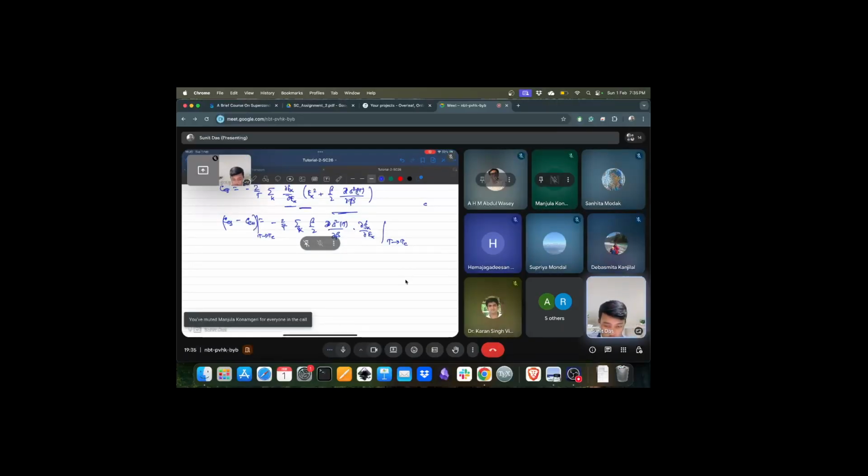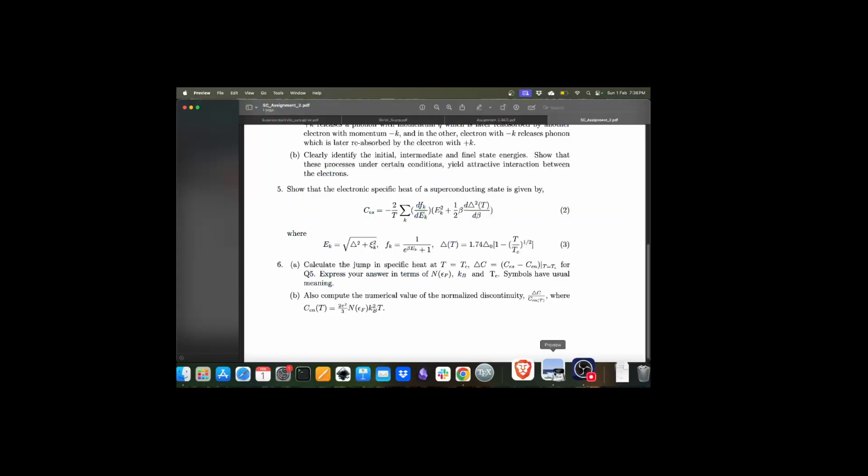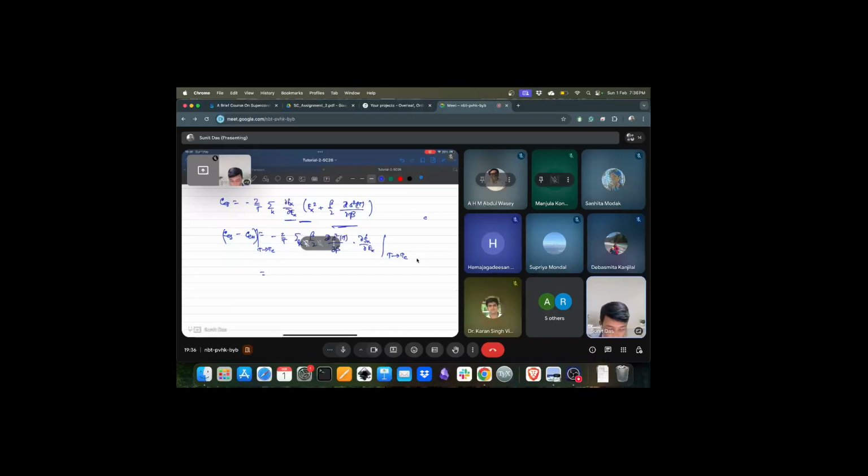So we have, simply beta. So this we can write as minus 2 kB, kB T sum over k beta by 2 d delta square T by d beta, and then because we have del Fk del epsilon k, and T goes to Tc.